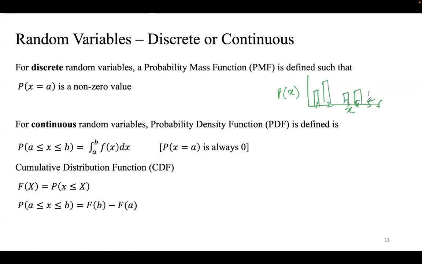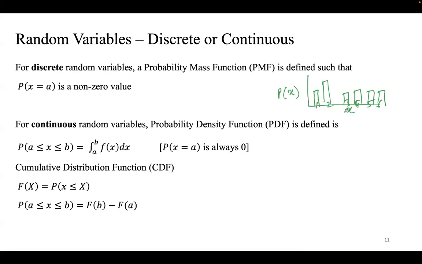This is your distribution, maybe, where the probability of 2 happening is slightly higher. If it's an unbiased dice, you'll have all these things the same, and that's going to be 1 by 6. So this is how you define a probability mass function.